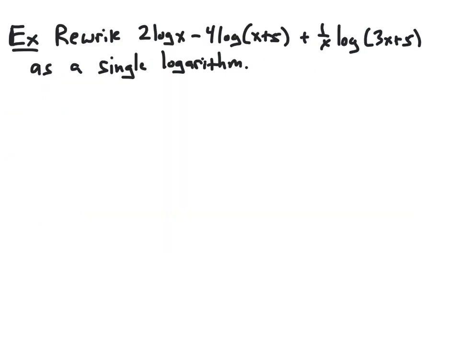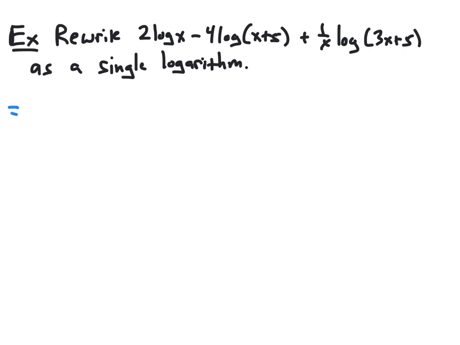So another example here, we want to rewrite 2 log x minus 4 log x plus 5 plus 1 over x times log 3x plus 5 as a single logarithm. We're going to approach this much like the previous example. We're going to first deal with the coefficients in front using the power rule, and then use the product and quotient rule from left to right.